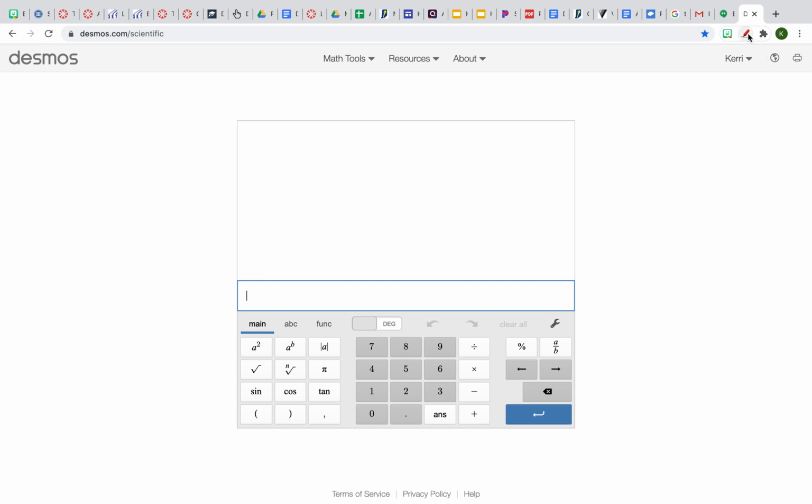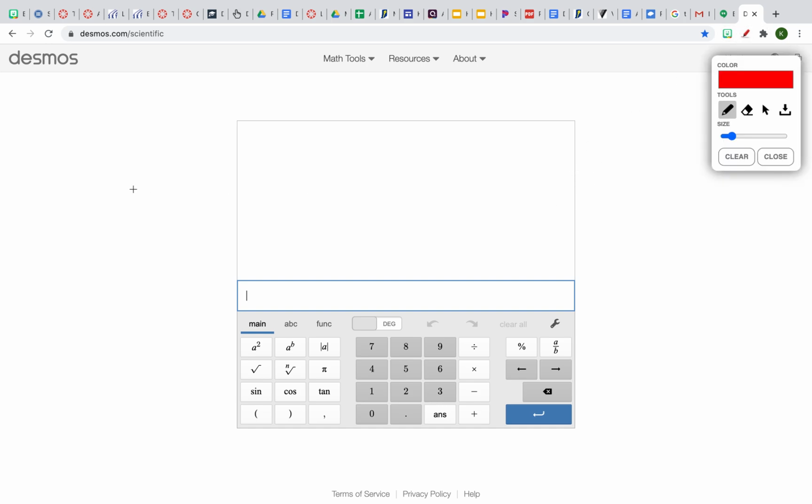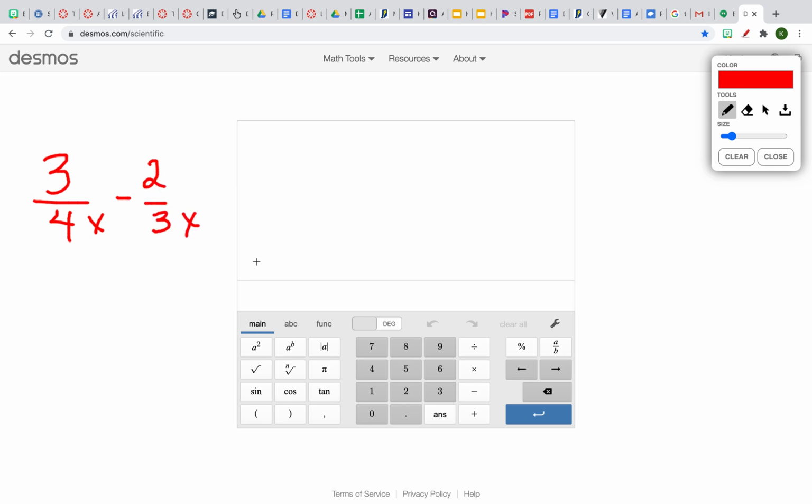So let's say the problem is 3/4 x minus 2/3 x. Well, you would look at this and go, okay, this is a variable term, this is a variable term.